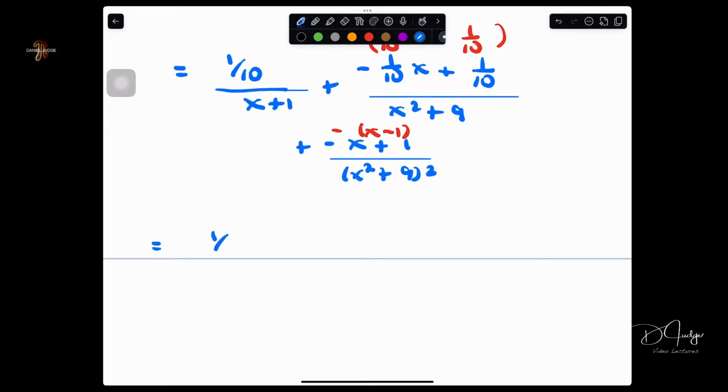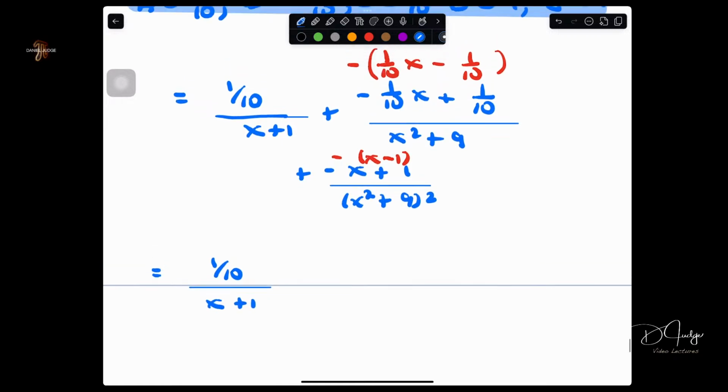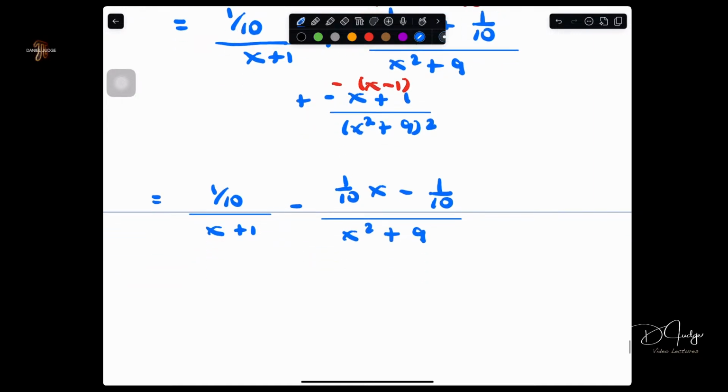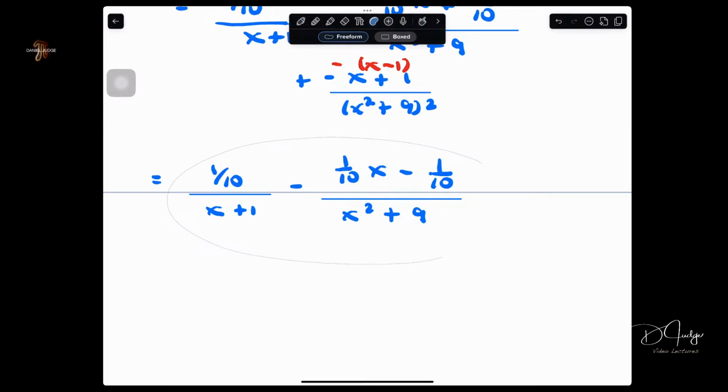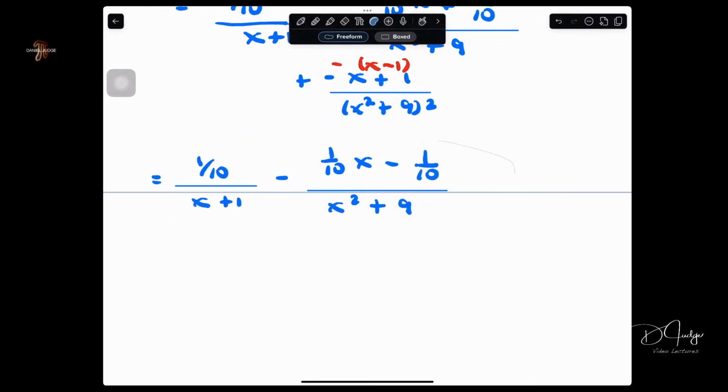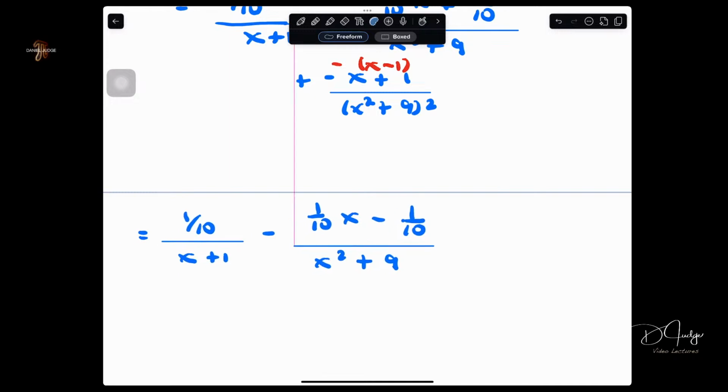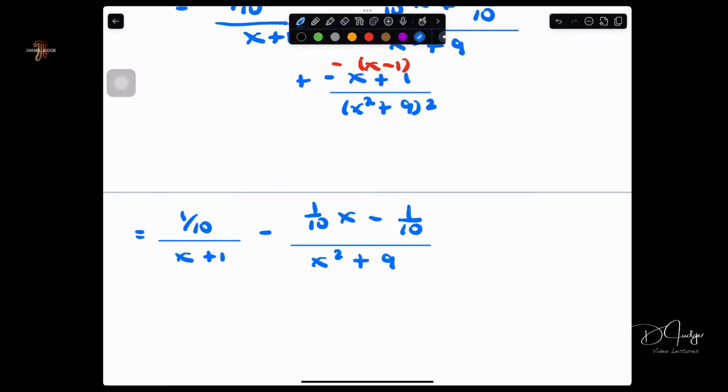So we get 1/10 over x plus 1 minus 1/10 times x minus 1/10 over x squared plus 9, minus x minus 1 over x squared plus 9 squared.